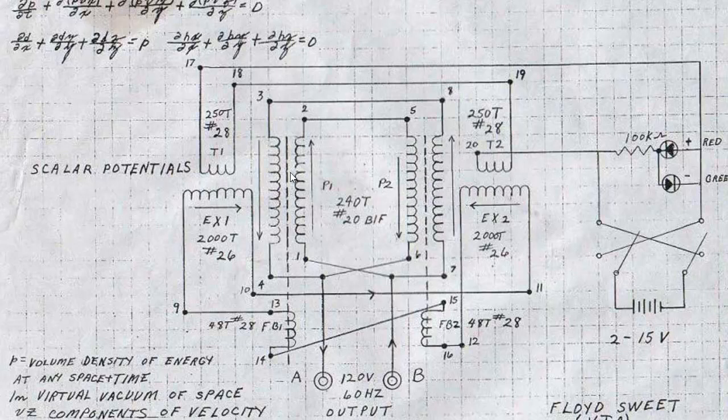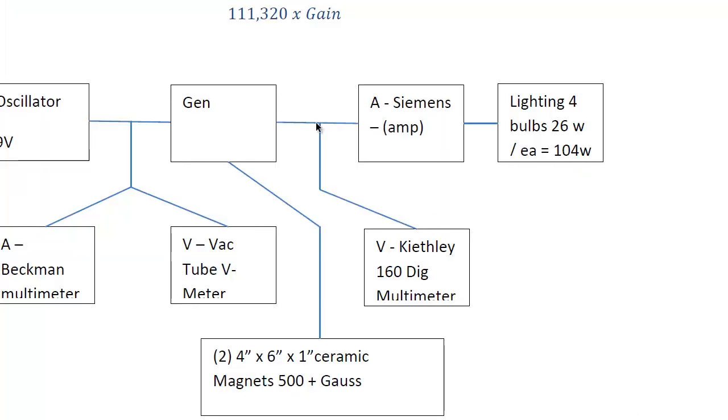Okay, there's two here because this was referred to by Floyd Sweet as an oscillator. I can bring that up very quickly. This is Floyd Sweet's lab notes. This was well before Tom Bearden came on the scene, and you can see here oscillator, generator. So gen is the VTA, and these are all the meters that are involved.